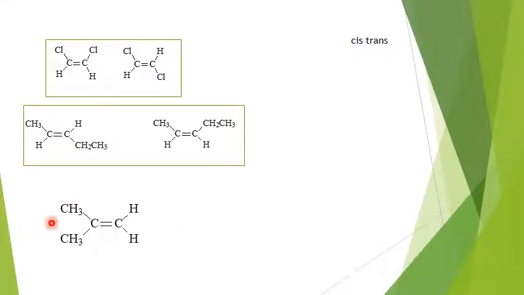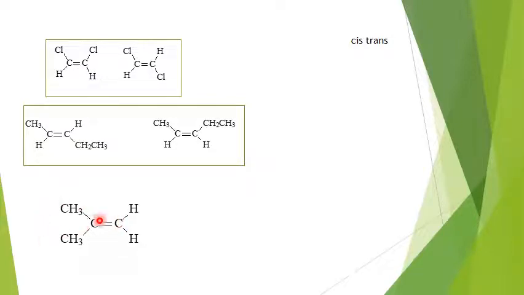Right, take a look at this guy. Let's say I draw another structure that looks just like it, and I move this H up here and this H down here. Well, it'd be exactly the same structure. So not all alkenes will have cis-trans, and this is one that does not.